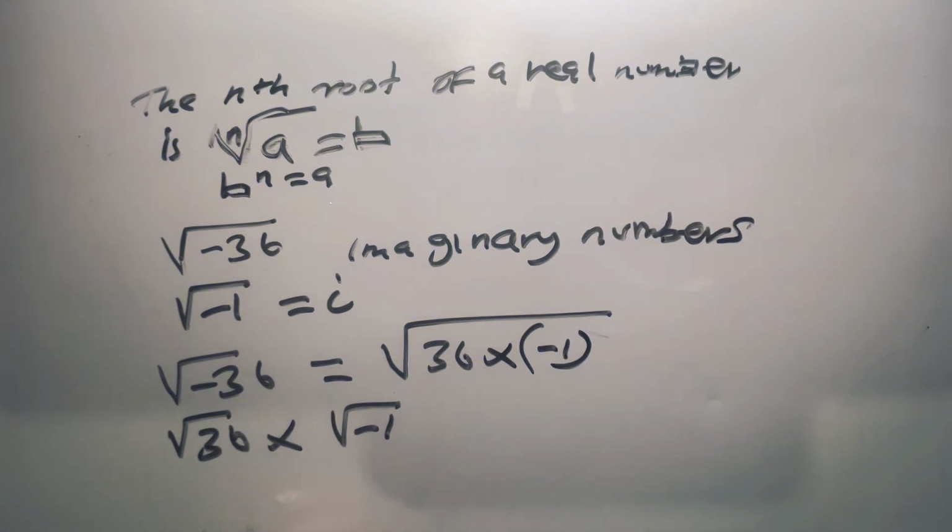Well, we previously found out the square root of 36 is 6, and the square root of negative 1 is i. So therefore, the square root of negative 36 is equal to 6i. And this means i is the imaginary part and 6 is the real part.